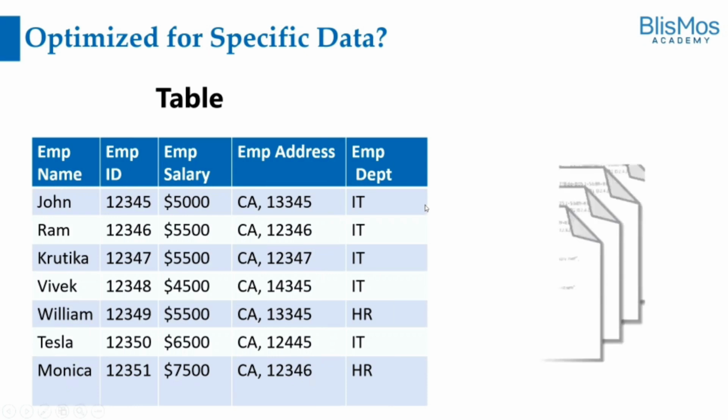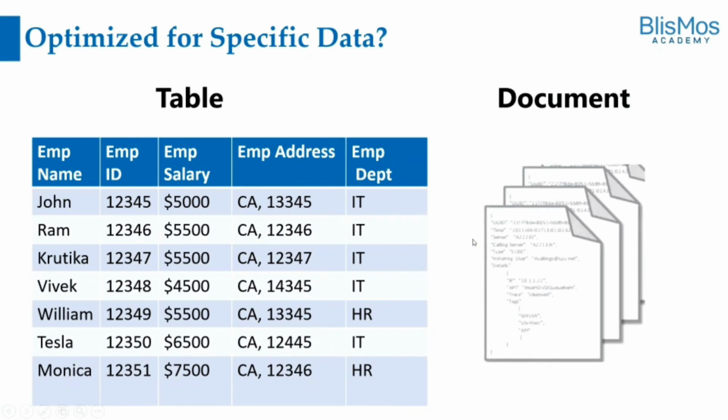If you have document kind of data, you need a different programming model which is well versed and optimized for document type of data. That means the programming model supporting this should be very efficient and process the data in less time. But we cannot have one programming model taking care of both. They may take care, but they may not be as optimized as for one specific data.